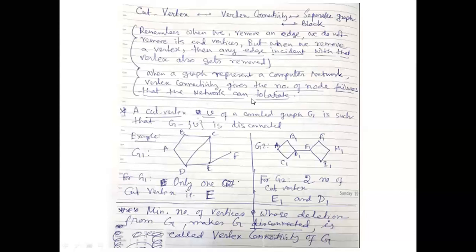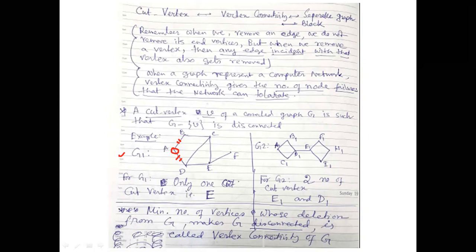Now, what is vertex connectivity? Quite simple, just like the previous edge connectivity concept. For this graph G, we try to remove a vertex so that the graph will be disconnected. Let us start experimentally. If we try to remove A, this edge will be removed, this edge will be removed, but that doesn't mean the graph is disconnected.